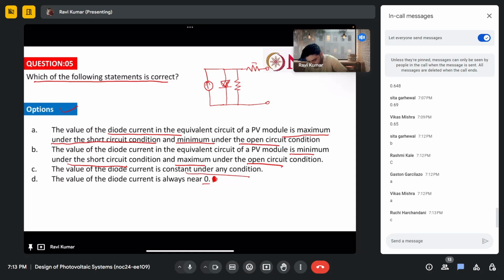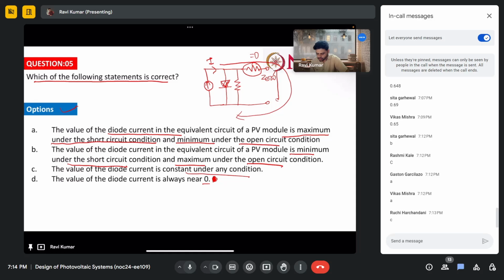So this is ideally 0. So it means RS can change. And if we short circuit this, and if this is 0 at one condition, then current will go through the lowest resistance path. So the current which is being generated here will go towards this lowest resistance path.